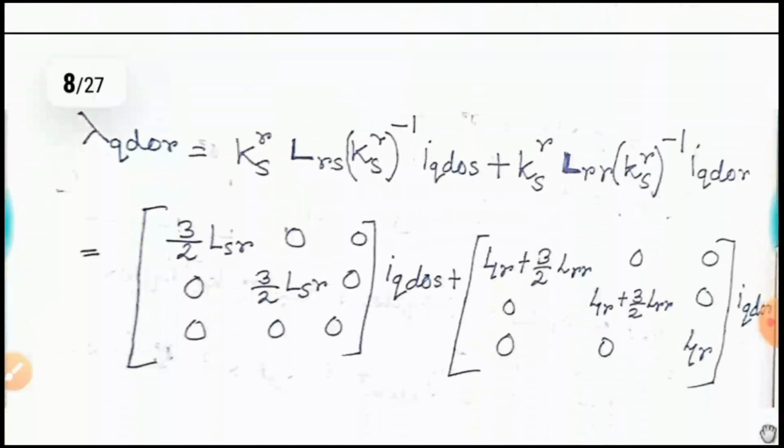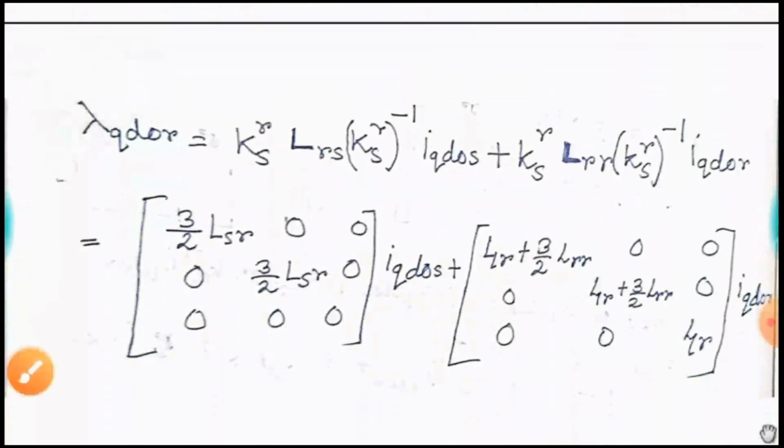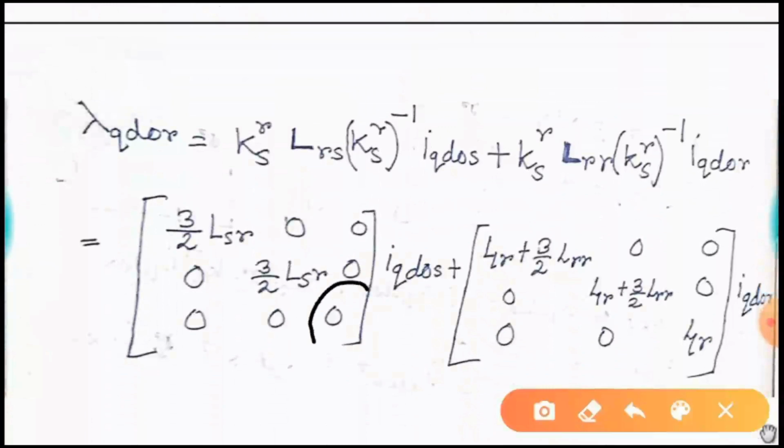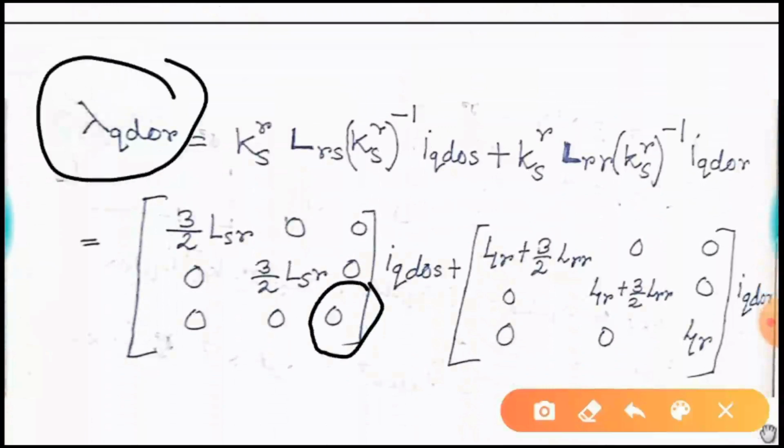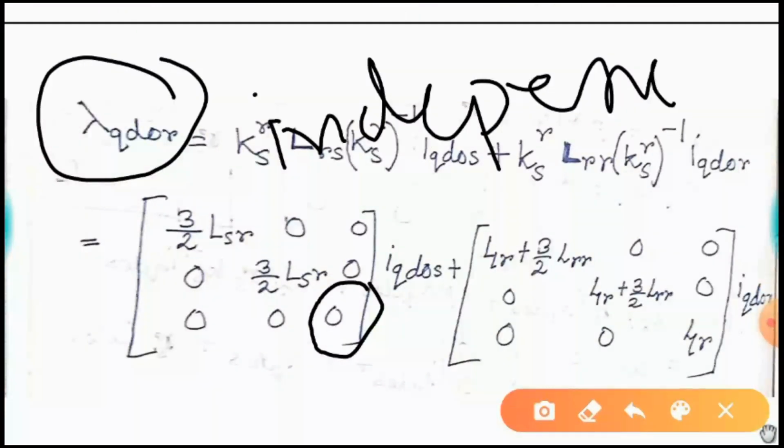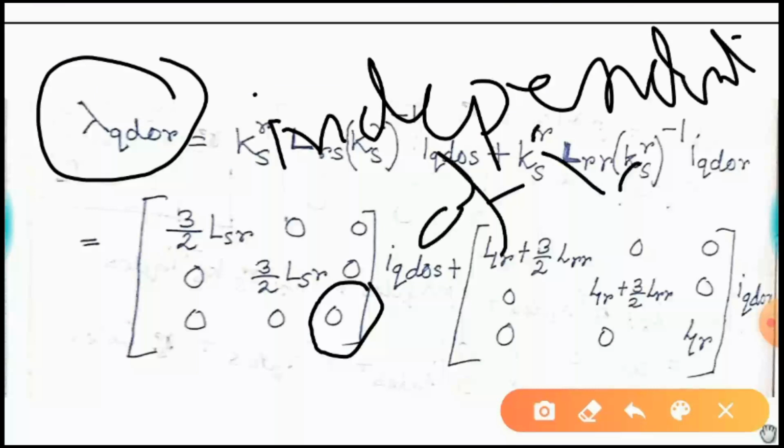And similarly here also we can see, like the previous case, that lambda naught r is independent of i naught s, right?